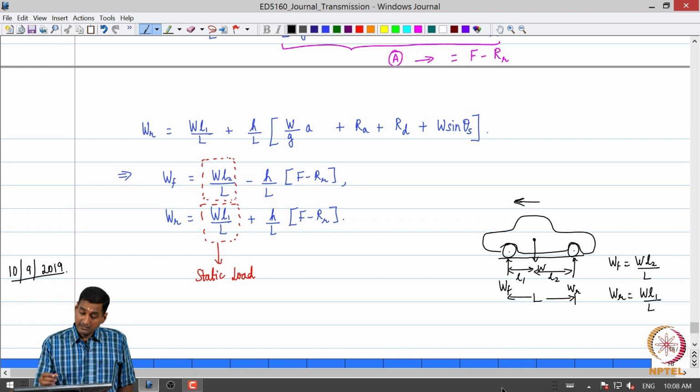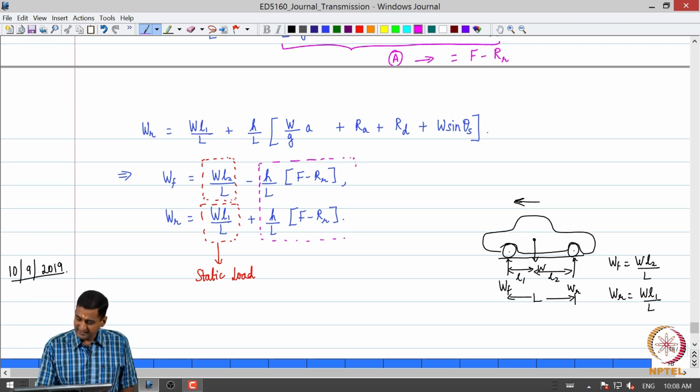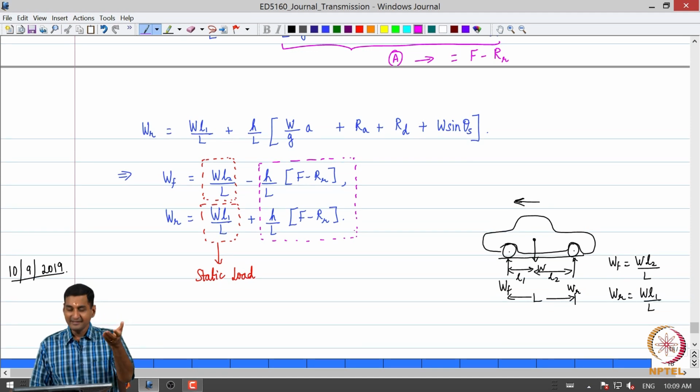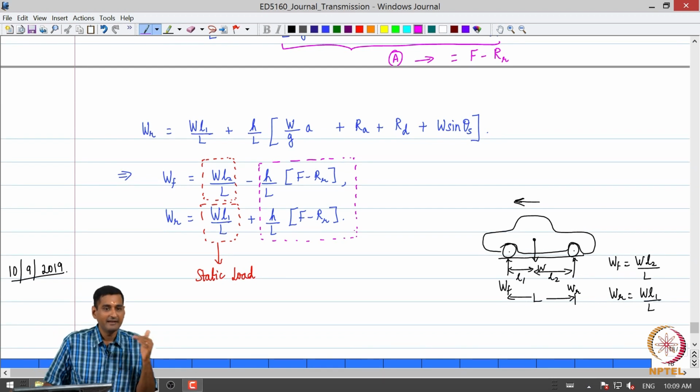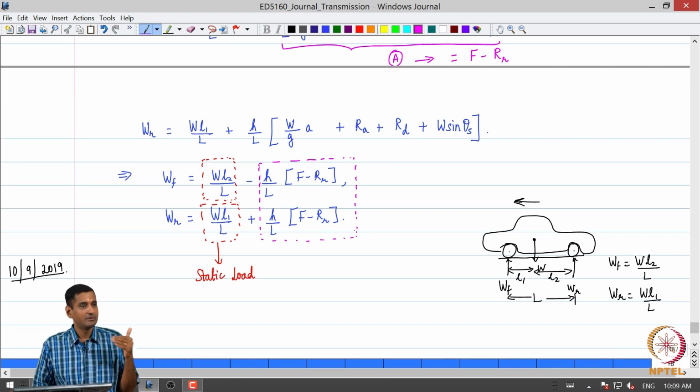Okay. Now what is the second term? So we can see that the magnitude of the second term is the same. It is H by L times F minus the rolling resistance. But what can we observe? That term is being subtracted from the load on the front wheel and added to the load on the rear wheel, and that is what we can physically observe, right.